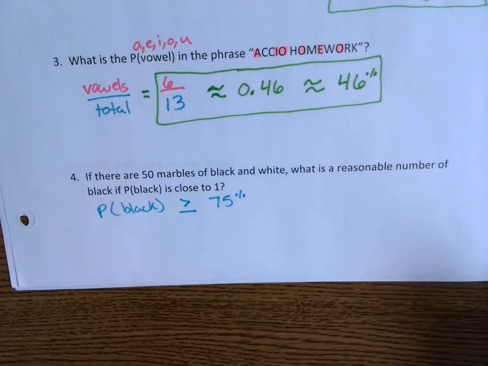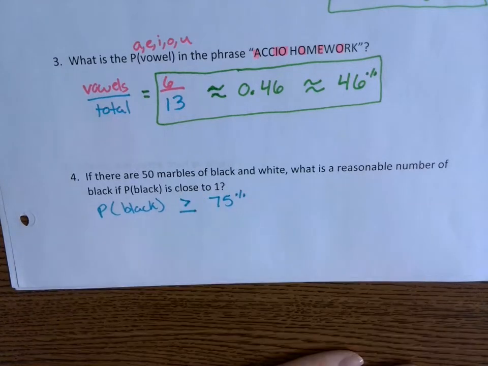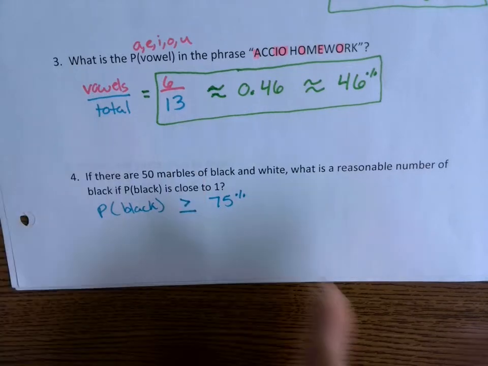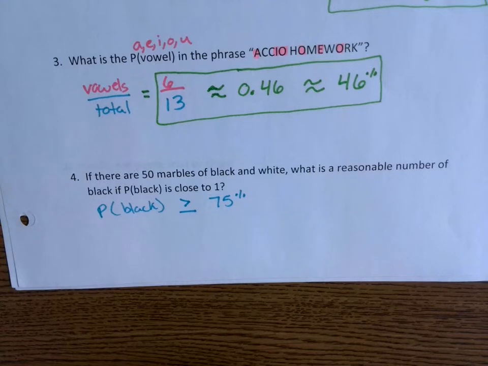So when you're wanting to get close to a value, you need to figure out where that cutoff is going to be. If it needs to be close to 0, then you'd be looking at 25% or lower. If it says it's really close to a half, you're going to be looking at values that are closely ranged around that 50%.